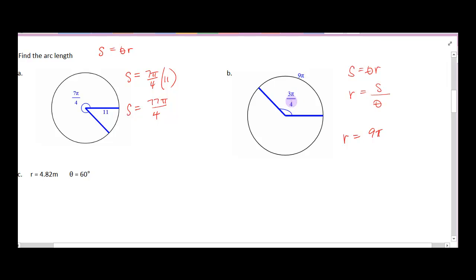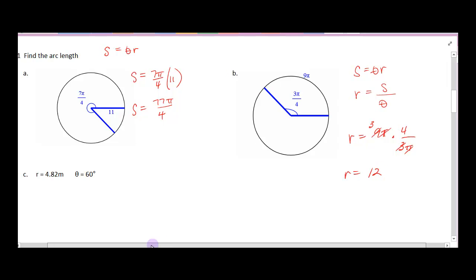So I'm going to go ahead and flip this right now, because the reciprocal would be 4 over 3 pi. So if I have the arc length S divided by theta, that's the same thing as multiplying by the reciprocal since theta was a fraction. So my 3 is going to divide into that, pi cancels off, and I end up finding out that the radius of this particular circle is 12.